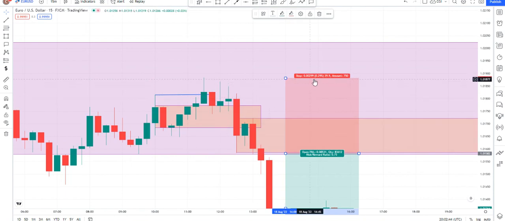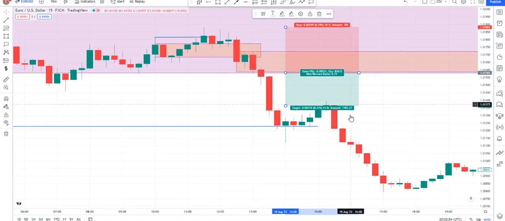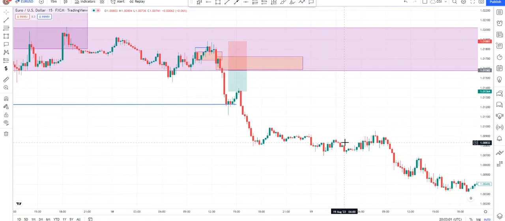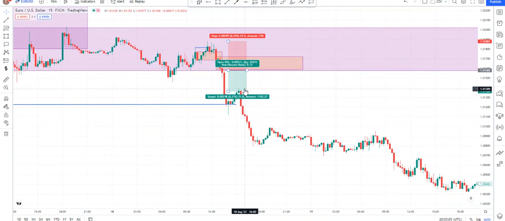That stop loss is 30 pips. So then you would zoom out. I'm going to move that thing to the front. We select it and see.